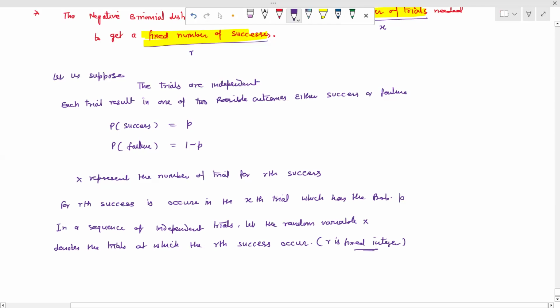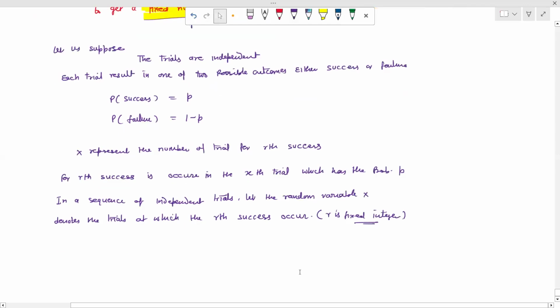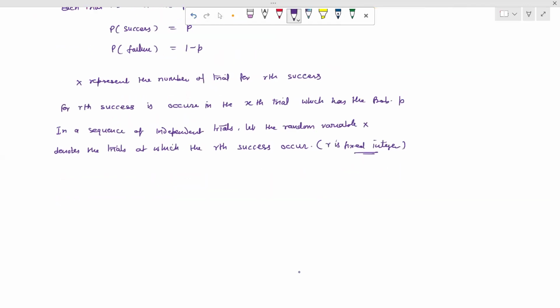So the probability of the rth success will occur in the xth trial.